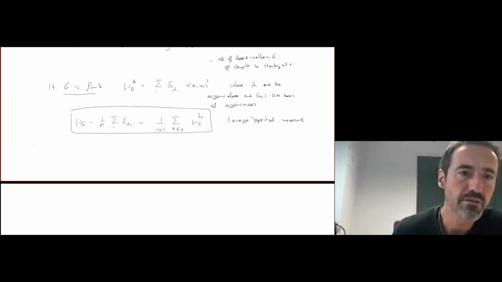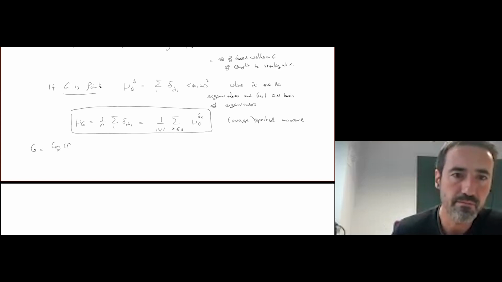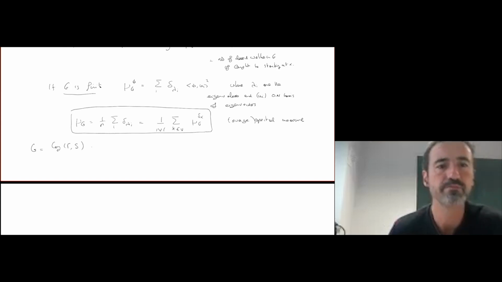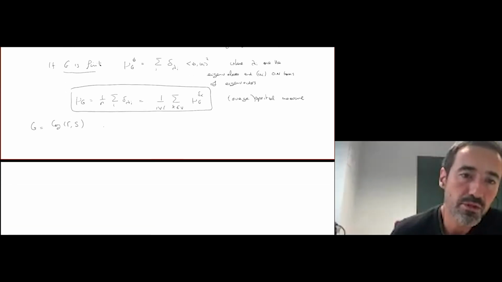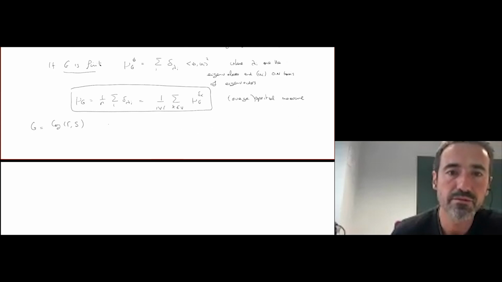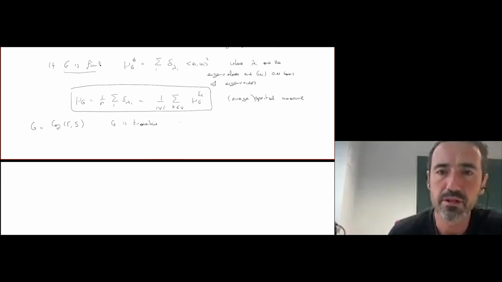Okay, and if G is a Cayley graph of some finitely generated group, or more generally, when G is a transitive graph, in particular mu G of delta x does not depend on x.